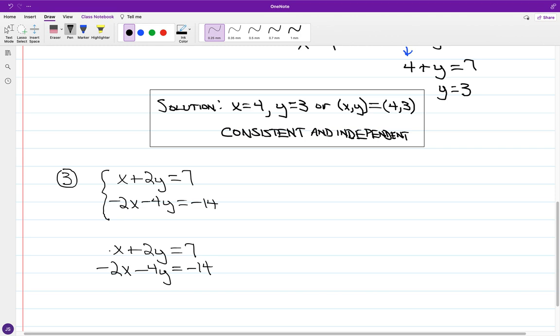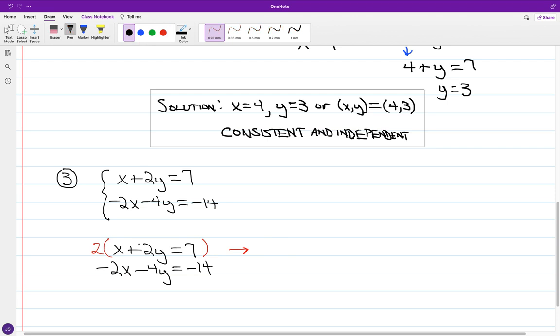Let's say we work with x, so you have x and negative 2x. To cancel out the x terms, I can take the additive inverse of negative 2x, which is 2x. So to raise the x from the first equation to 2x, I'm going to double all of the first equation.